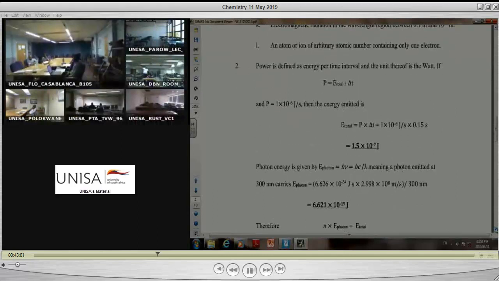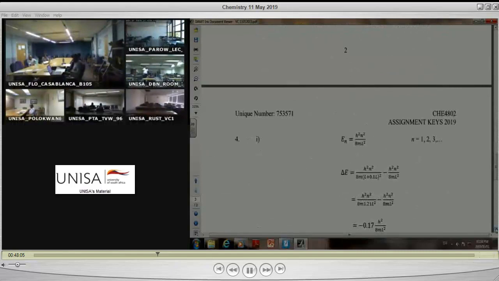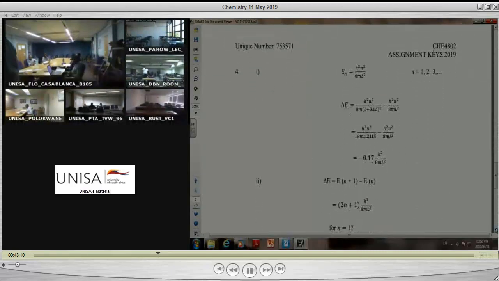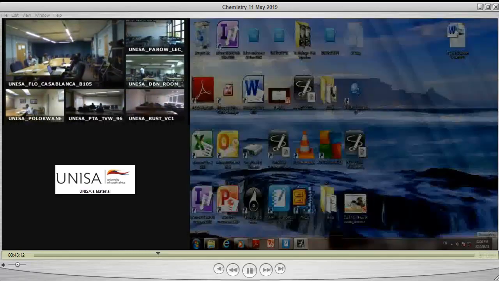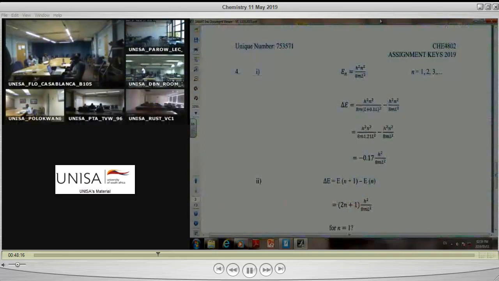So this is the equation we have. Remember this. This is the equation we wrote for energy.